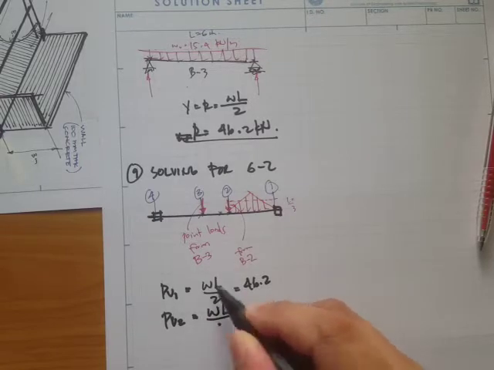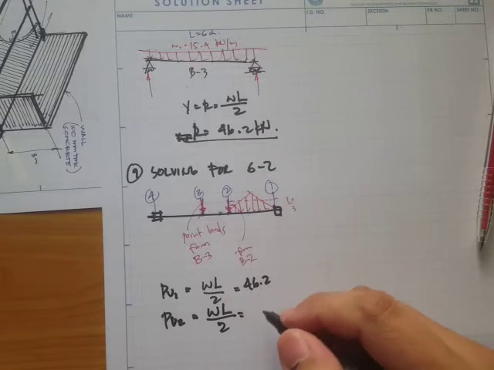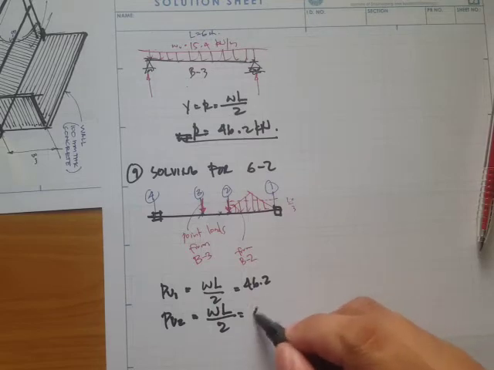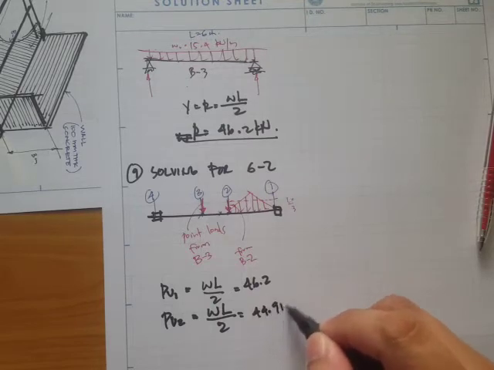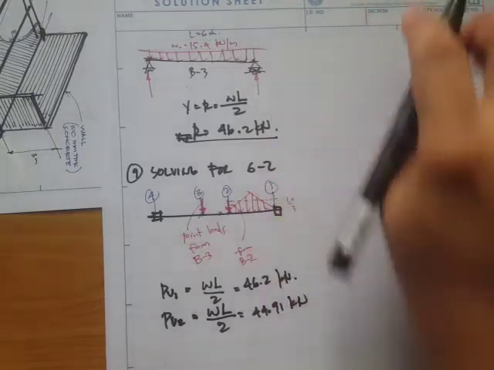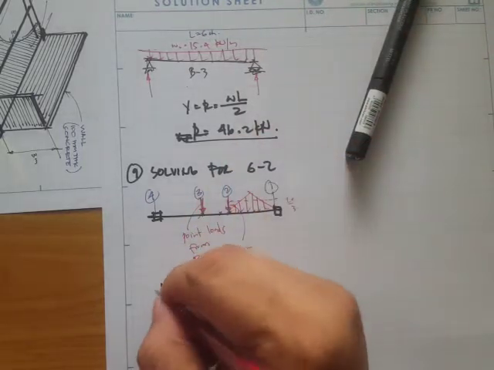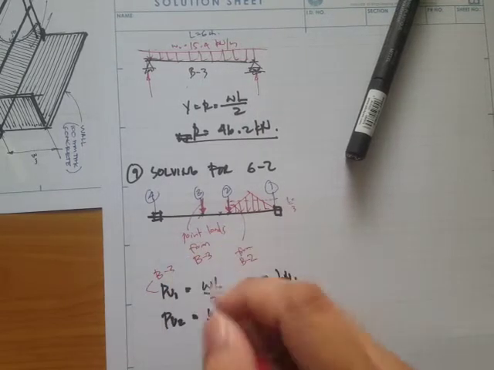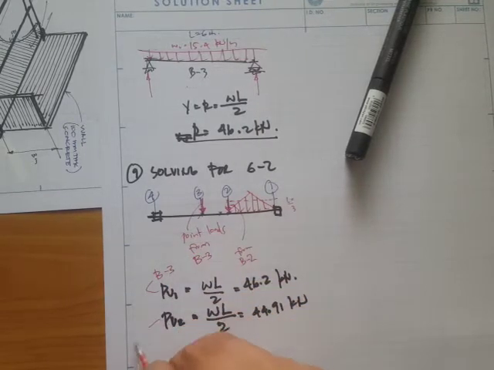You solve again WL over 2, and what you get is 14.97 times 6 divided by 2, that's 44.91 kilonewton. So this one is from B-3, and this one from B-2.